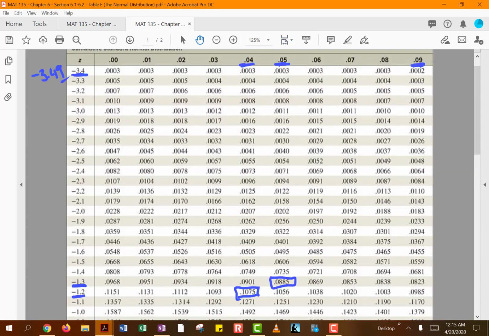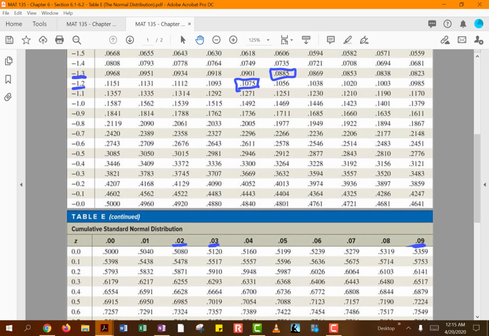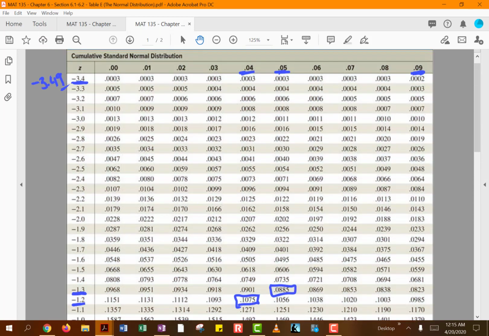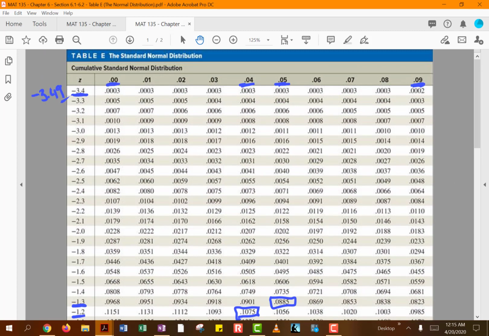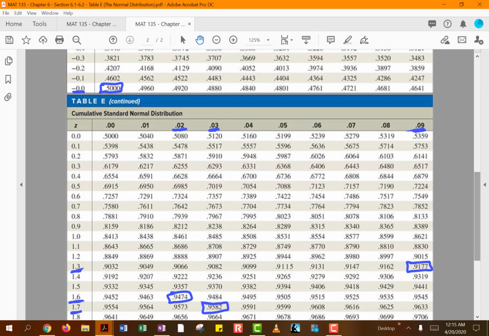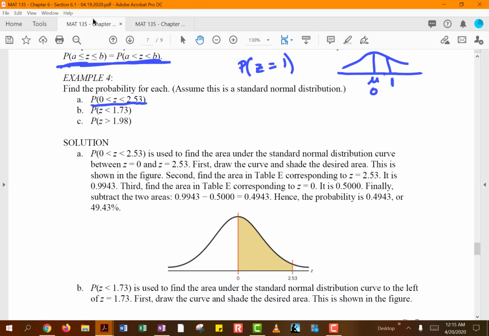So if you go to 0, you actually have negative 0.0, and of course this is also 0.00 over here. So you can look at it here as being 0.500, or if you want to look at it on the positive side, you have 0.0, 0.00 here, and it is still going to be 0.500, which is basically 50%, right?